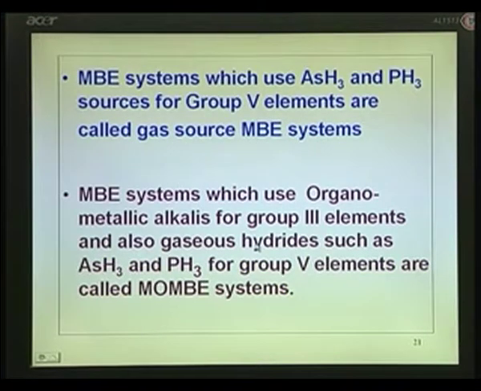Now, there are two types. When you say gas source, you can use it only for arsine and phosphine, that is arsenic and phosphorus if you want.